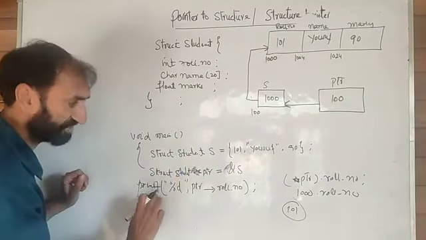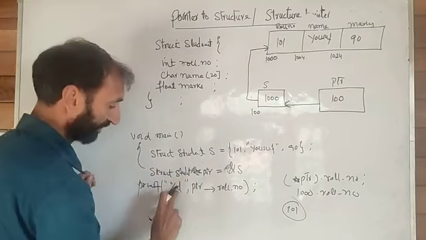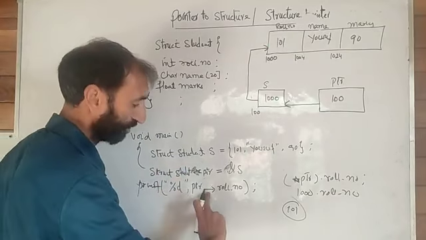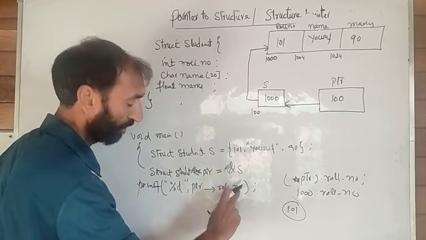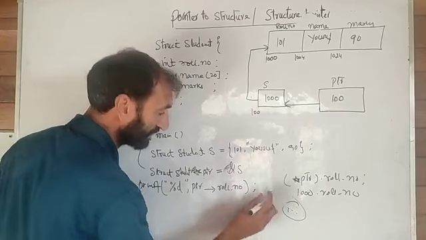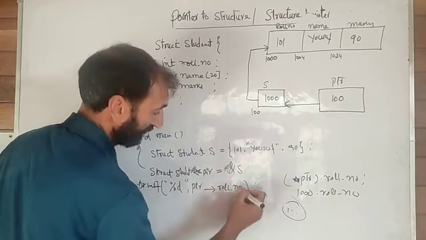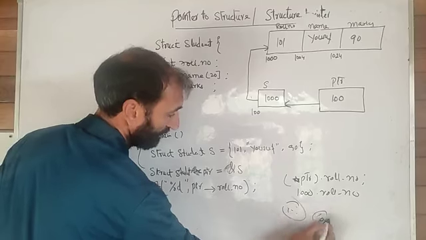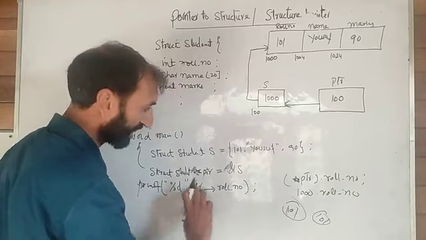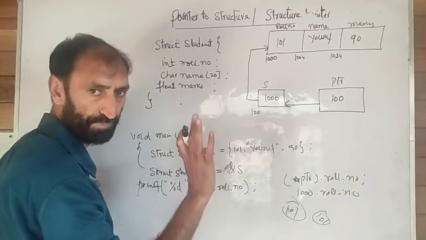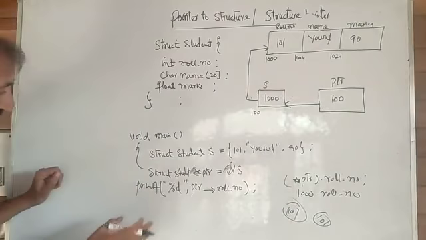That means this instruction, printf %d, ptr arrow roll number, will display and return 101. Similarly here, this will return 101. This instruction and this instruction are one and the same. I hope you have understood.